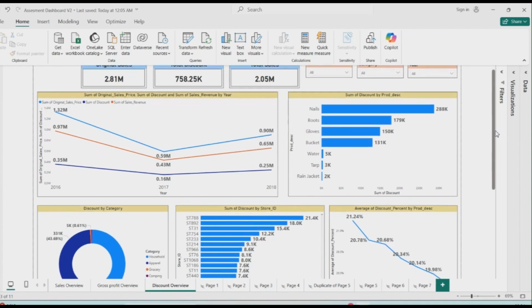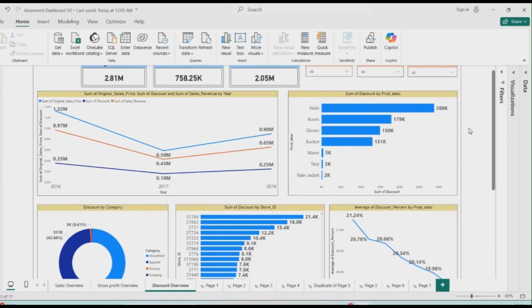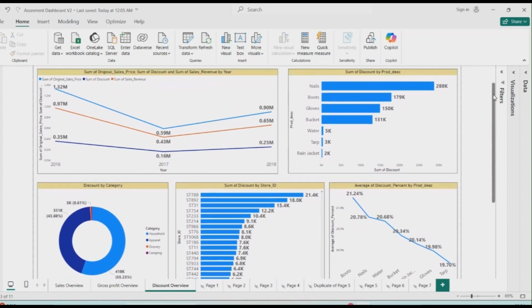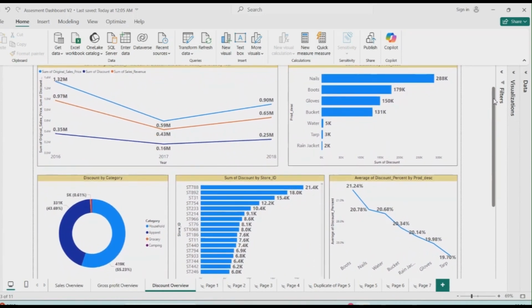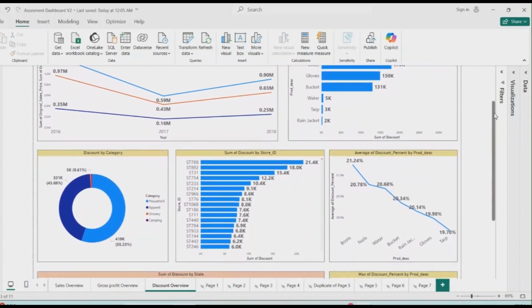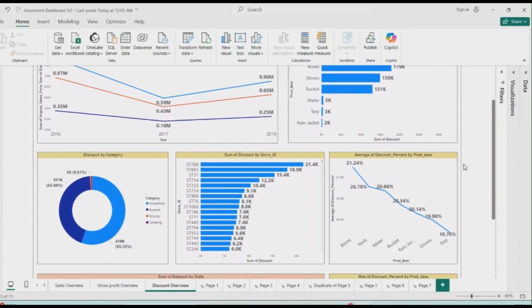Then we have two graphs, discount by product and discount by category. As we have seen earlier, nails and boots, specifically from household and apparel category, have the maximum revenue, and that's why the discount for these categories is also high. But the important thing here is to understand what was the average discount offered with respect to the product.